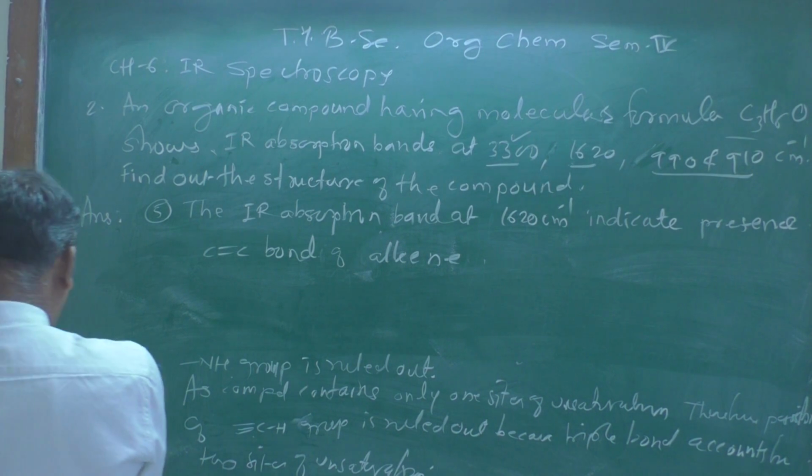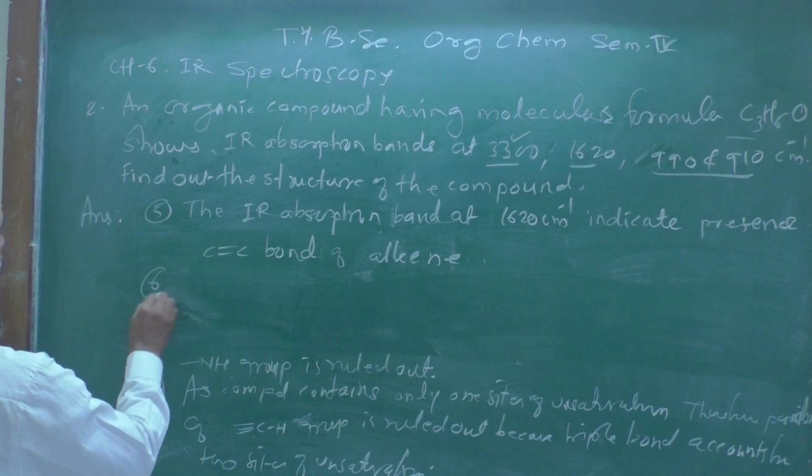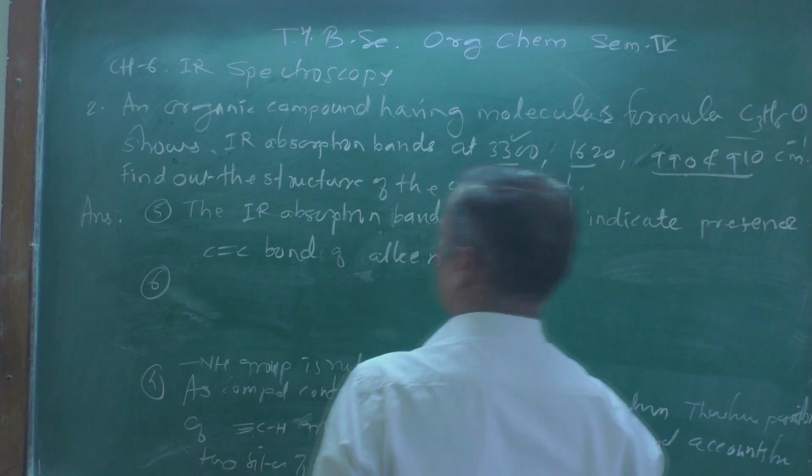Now let us see point number 6. See here, 990, 910 per centimeter.